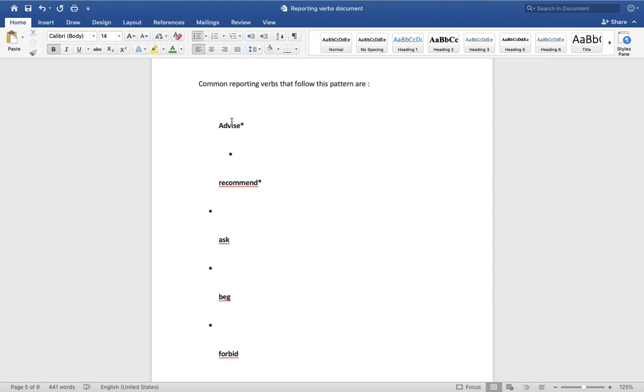And I'm going to exemplify this. So advise, you probably know by now, advise is aconsejar, right? So let's imagine that we have a direct speech sentence of the kind: He said, stay at home, which is actually something we're hearing a lot these days with all this coronavirus situation.